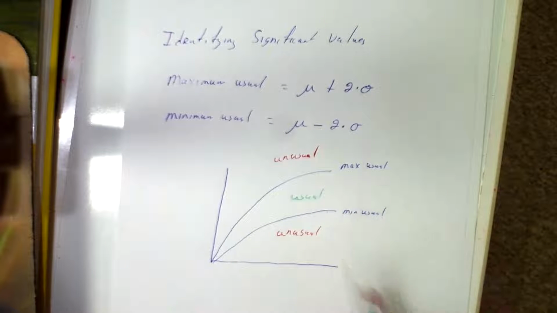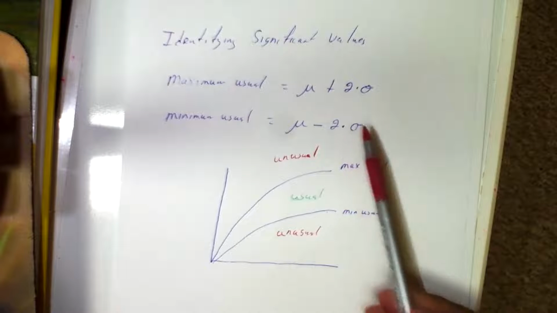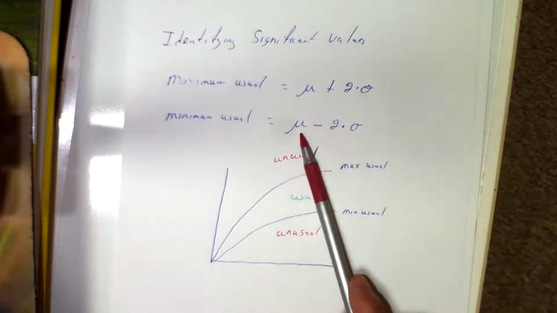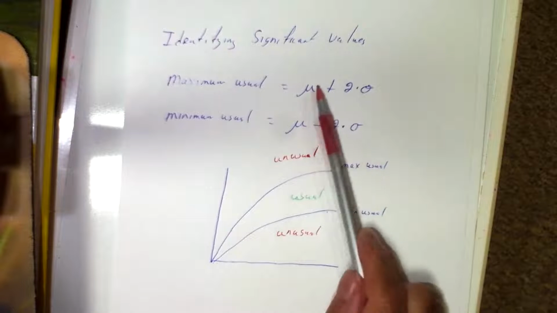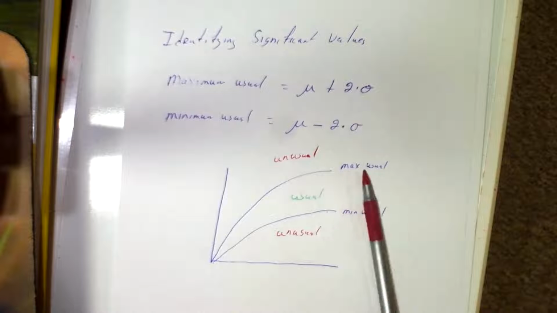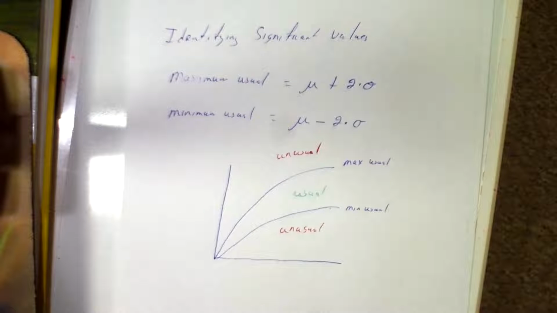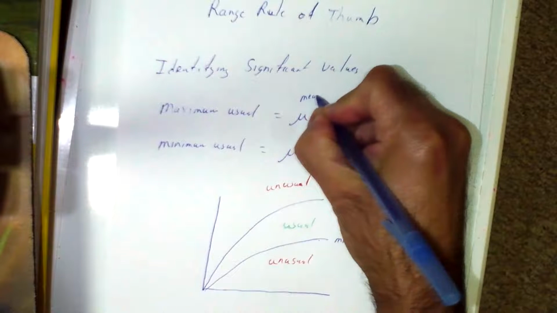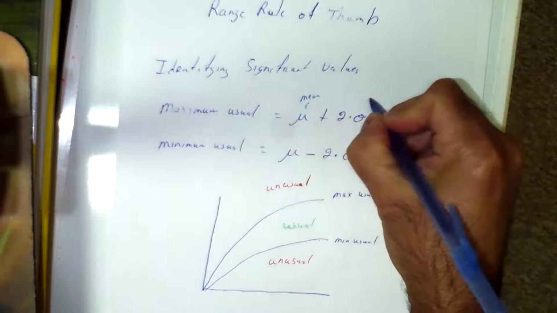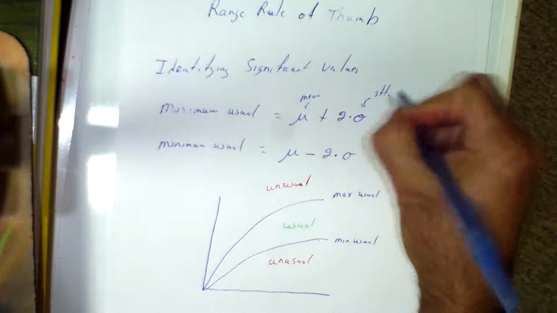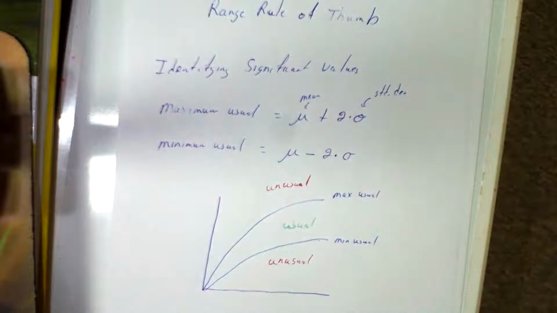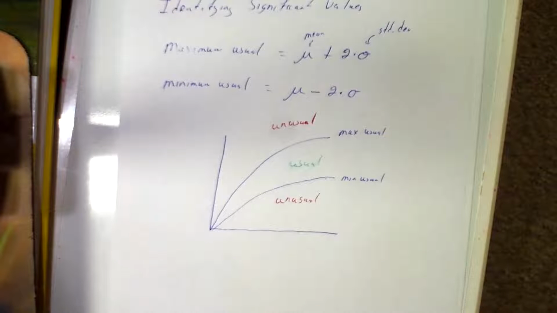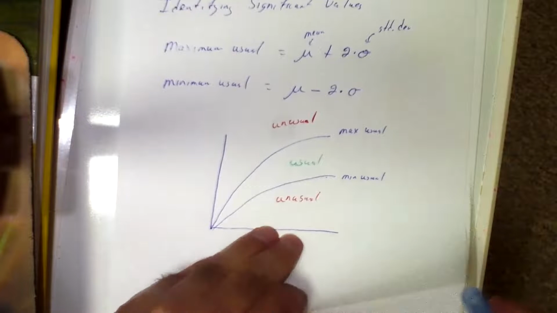So what they do is every year they will get the data from all the kids from the previous years. They'll calculate the mean, and they'll calculate the standard deviation, and they'll enter these two numbers, and that'll give you the max usual and the minimum usual. So just to clarify again, mu is the mean of the population, right? And sigma is the standard deviation of the population. Right. So let's do an example. Let's suppose we'll switch from doctor to psychologist, right?